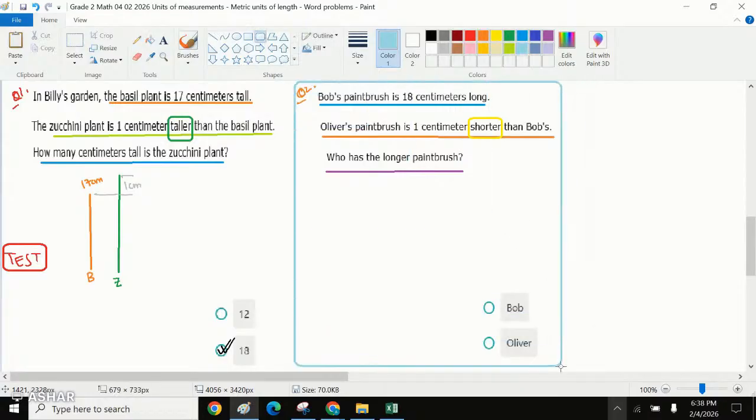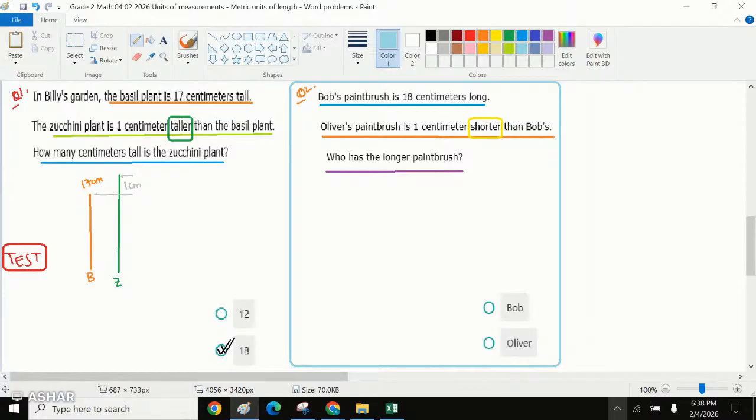They did not ask us for the lengths. Oliver's paintbrush is 1 centimeter shorter than Bob's, right?